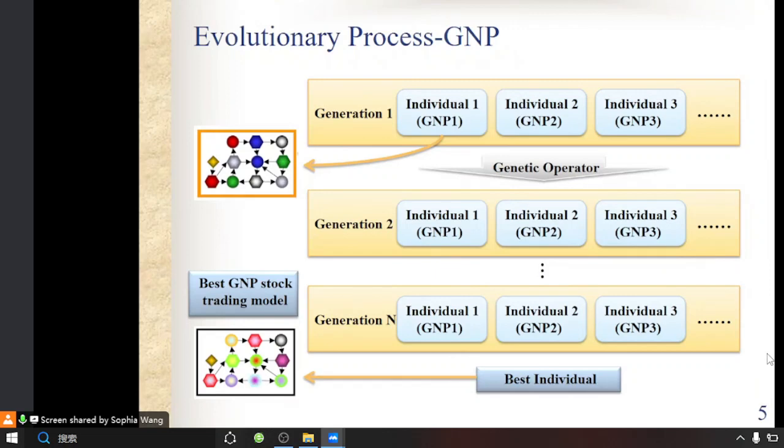Okay, so based on the genetic operators, generation 2 is better than generation 1. And what are genetic operators? They include three kinds: crossover, mutation, and elite selection. By these genetic operators, generation 2 is much better than generation 1.